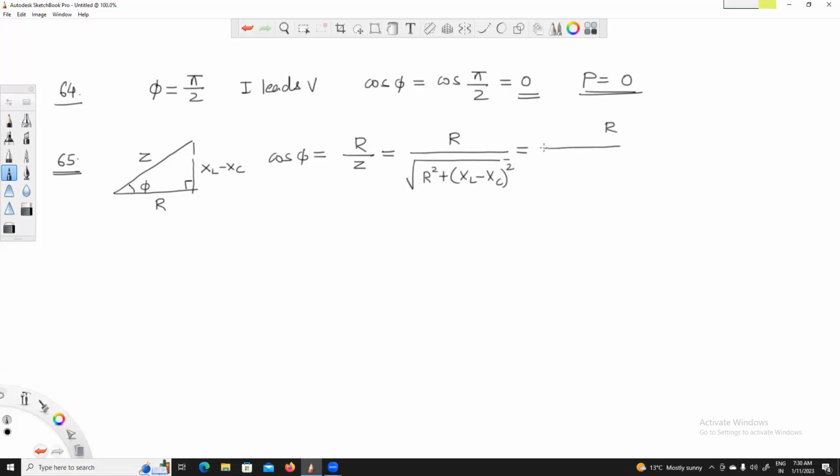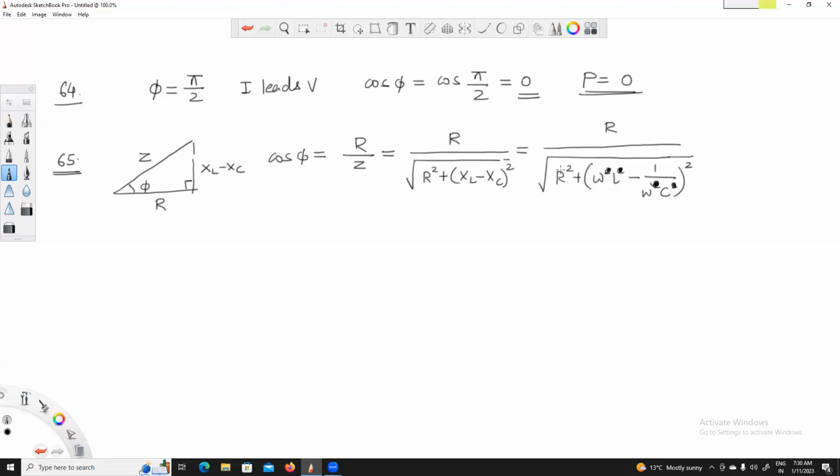R divided by square root of R square plus, this is, omega L minus 1 upon omega C, bracket square. Sorry for this, not this. Okay, now it is correct.